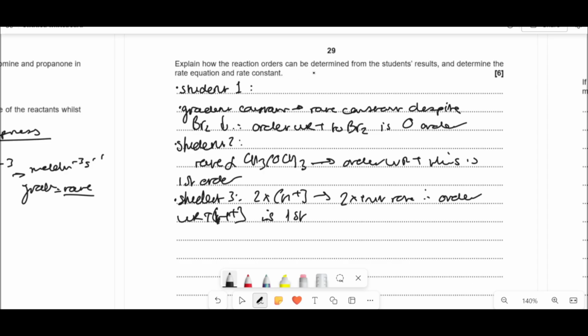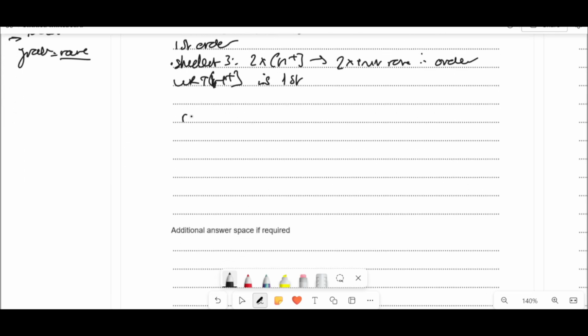So now they said determine the rate equation and rate constant. So the rate equation is going to be rate equals k times the concentration of H+ times the concentration of the other, CH3COCH3. Now they want you to work out the rate constant, which is going to equal the rate over the concentration of H+ times the CH3COCH3.